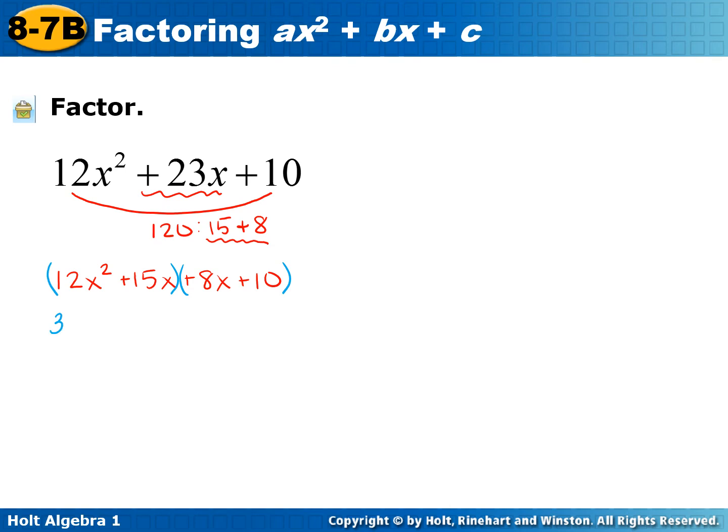I can take out a 3x, and I'm left with 4x plus 5. I can take out a 2, and I'm left with 4x plus 5. My two terms have 4x plus 5 in common. I can factor out a 4x plus 5, and I'm left with 3x plus 2.